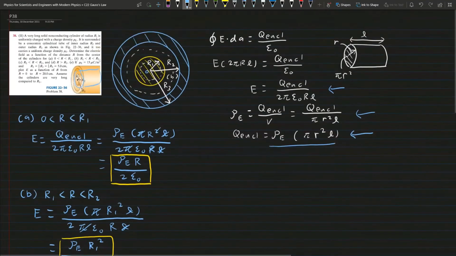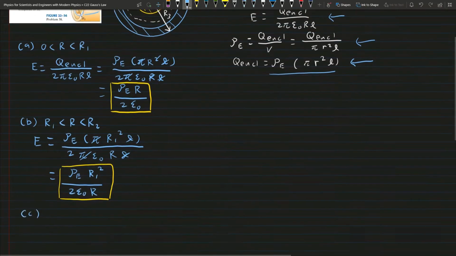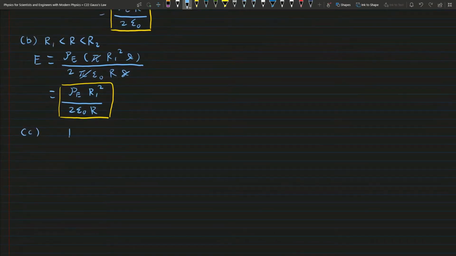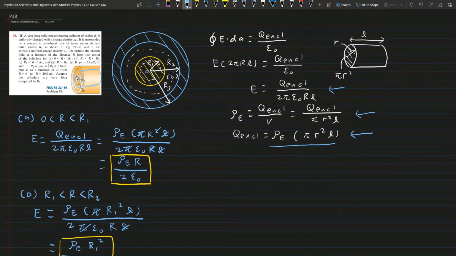In case C, R is between R3 and R2. So in case C, the Gauss surface is somewhere here, between R3 and R2.